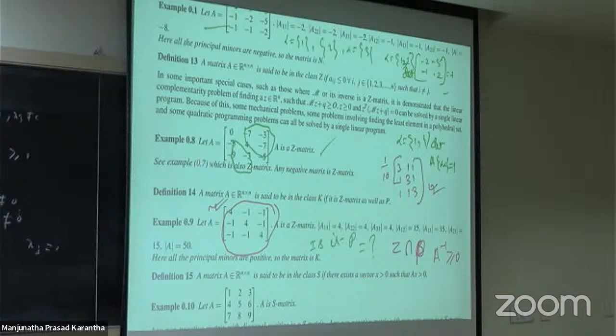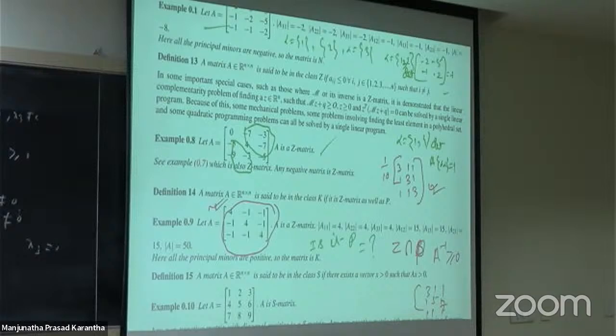I can put something like 3, 5, 7 in the diagonal, and each of the other entries is 1. Will it be a P matrix? You tell me the determinant.